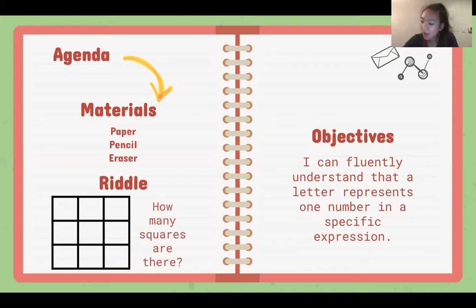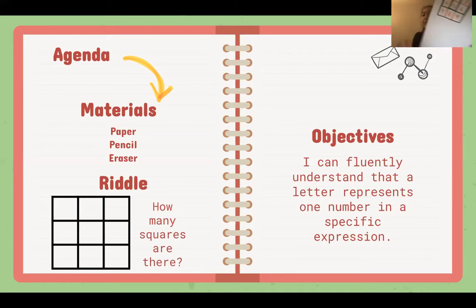I have my 11th square here, this group of 4: 1, 2, 4, and 5. And then I have my 12th square, which is another group of 4, which is 2, 3, 5, 6.